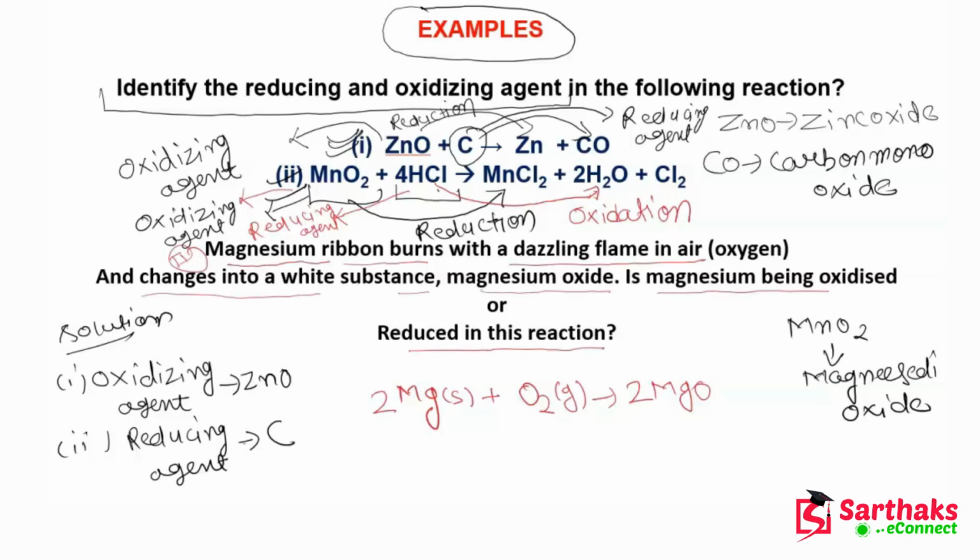Now guys, you can clearly see that this magnesium is converted into magnesium oxide. So we will say that this magnesium is basically oxidizing into magnesium oxide. Our question is whether magnesium is being oxidized or reduced.